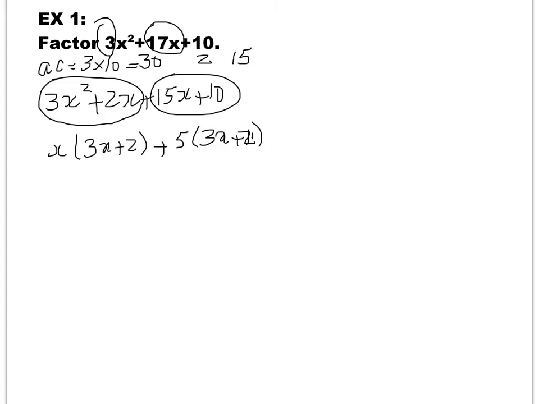If you look here, this term and this term are common, so I can take 3x plus 2 out, and I get x plus 5. That's all about this technique. Very simple and straightforward. So let's do another example.